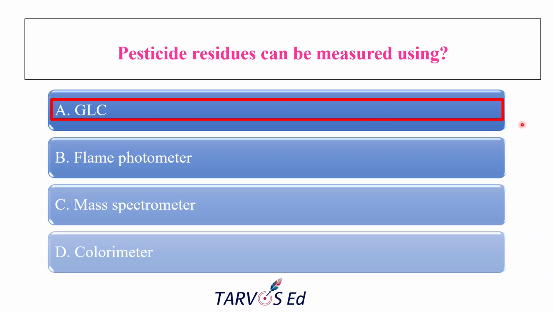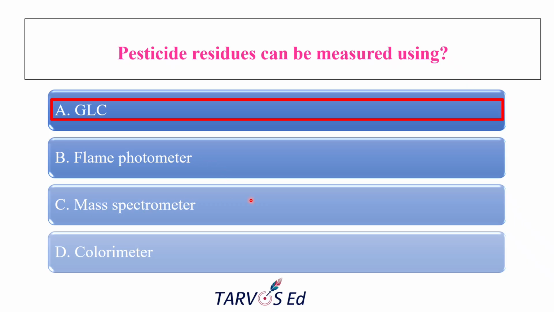It has more sensitivity towards those insecticides, and the result is also more accurate. So GLC is the standard answer for pesticide residue estimation. And why not flame photometer? Because it is only used to estimate alkali metals like sodium and potassium, not for detecting pesticide residues.